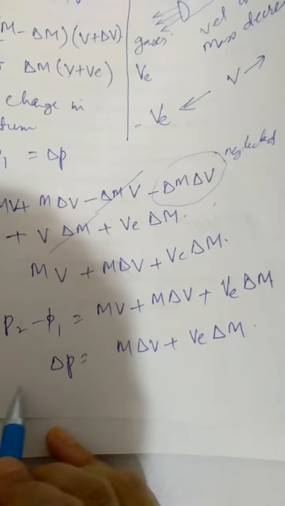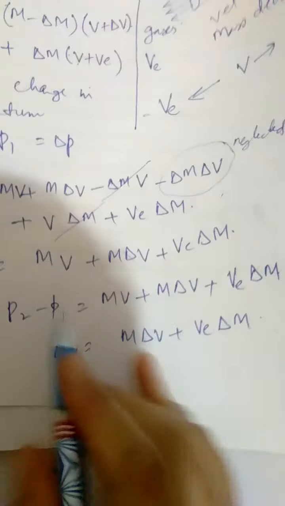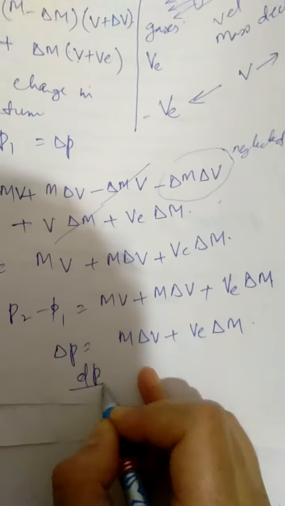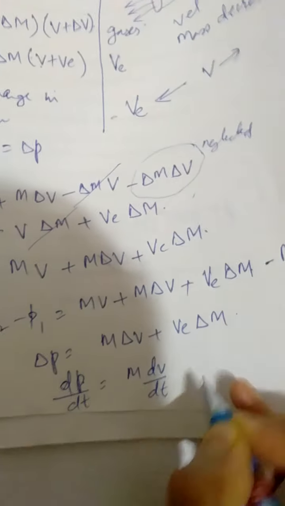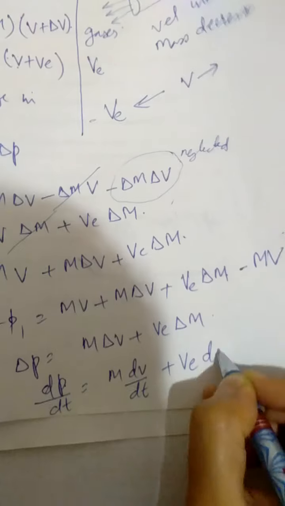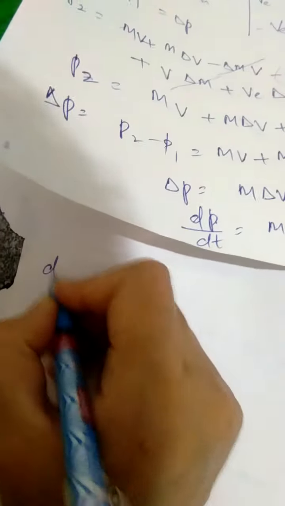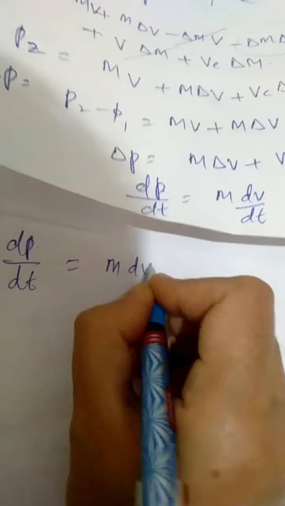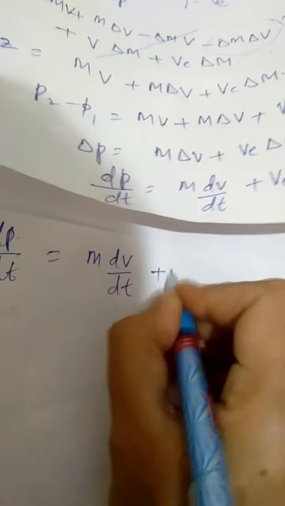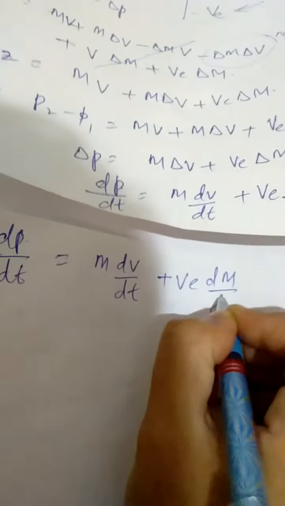Now, if we differentiate this expression throughout by time, what do we get? We get dp by dt equal to m times dv by dt plus ve times dm by dt. Now, let us carry forth on the next page. So we have obtained that dp by dt is equal to m times dv by dt plus ve dm by dt.